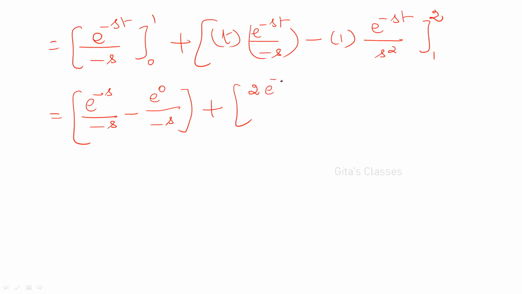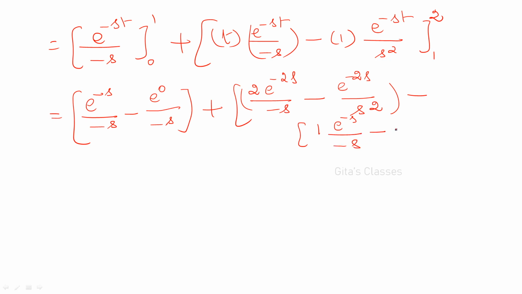So 2 into e^(-2s) divided by minus s, minus e^(-2s) divided by s squared. This is for the upper limit. Minus the lower limit, t equal to 1. So 1 into e^(-s) divided by minus s, minus e^(-s) by s squared.